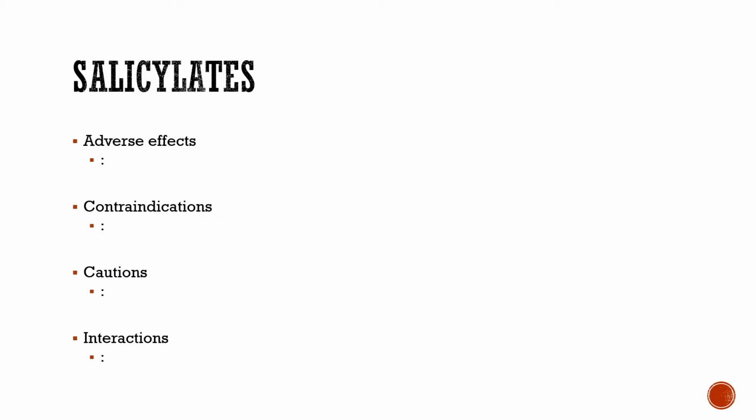Another adverse effect that we commonly associate with aspirin is bleeding. Again, we're causing those platelets not to be able to aggregate as quickly or as easily, so that can increase the risk of bleeding. It can be nephrotoxic, especially at high levels.